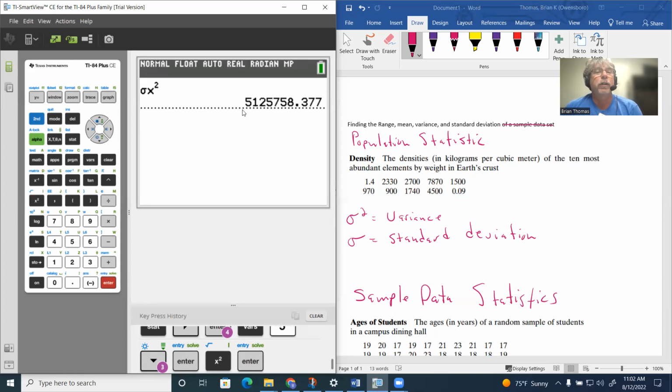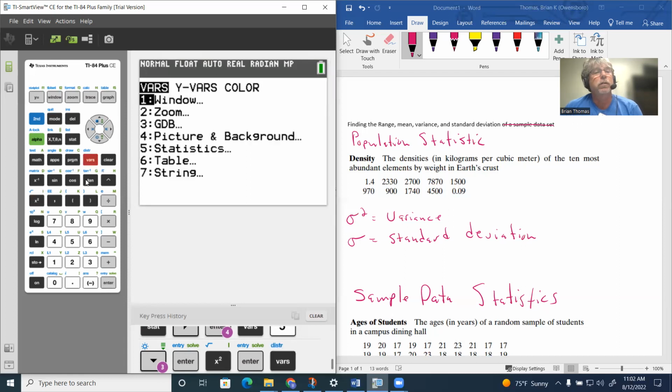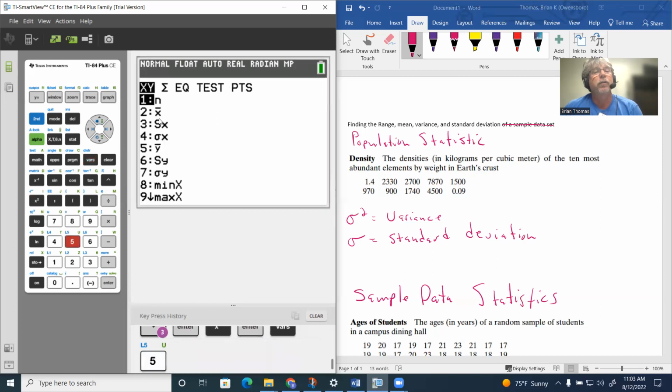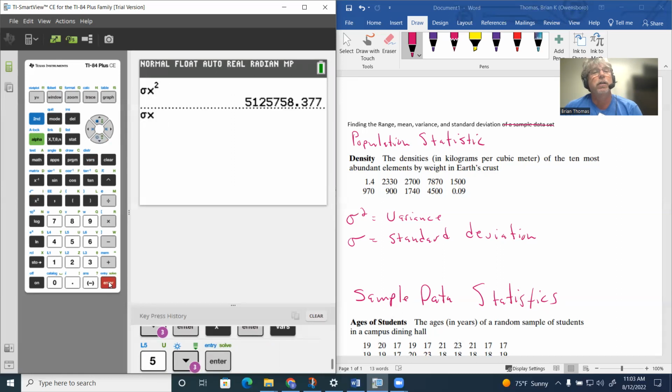Okay, so if you need to see that one more time, I hit vars, number 5 is statistics. It gives me these symbols here, and these symbols won't appear until you've actually done your calculations. So again, sigma x, sigma is for the population. So if I come down to that, hit enter, and square that, that'll give me the variance for a population.